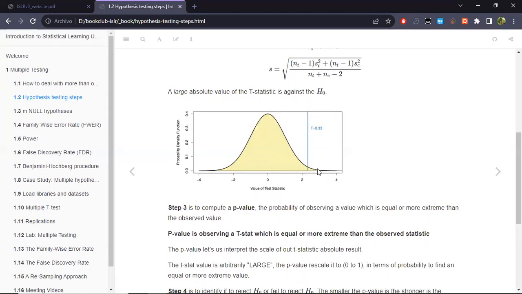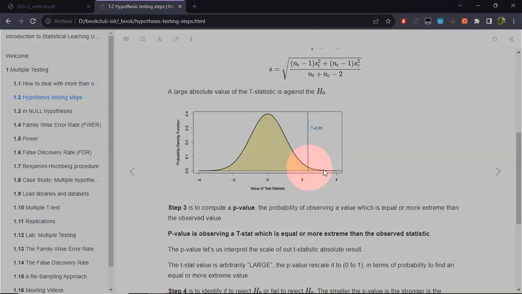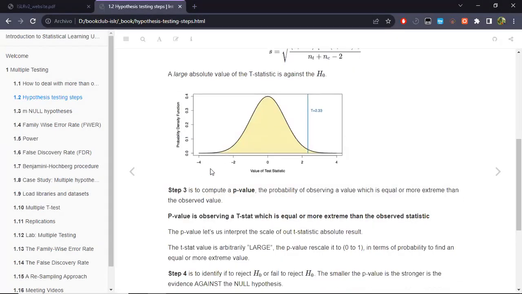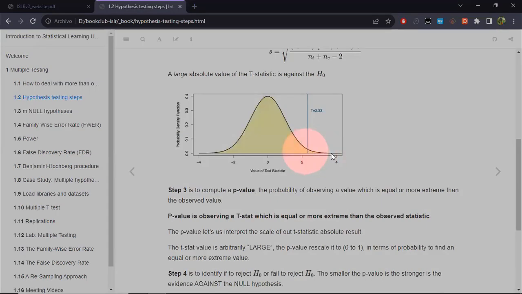Which region corresponds to more extreme cases of that? Well, we actually consider the absolute value of the observed value. And the more extreme cases would be this region to the right, this part of the right tail, and also by symmetry, this region to the left. So the p-value would be the area under this curve, this little tail, and this one over here.